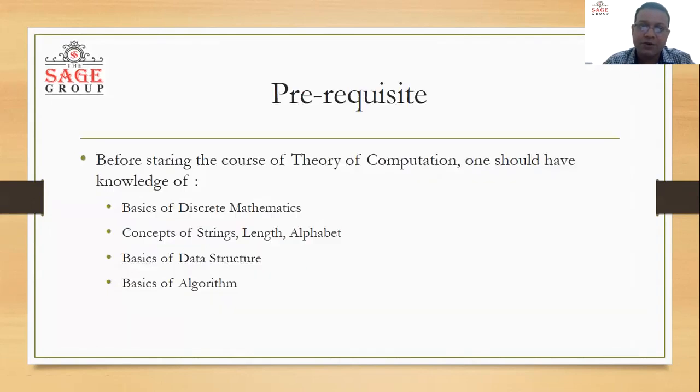Okay, so first of all I will discuss the prerequisites. Before starting this subject, one should have basic knowledge of discrete mathematics, the concepts of set theory, strings, length, alphabets, etc. Also very basic knowledge of data structures and algorithms.